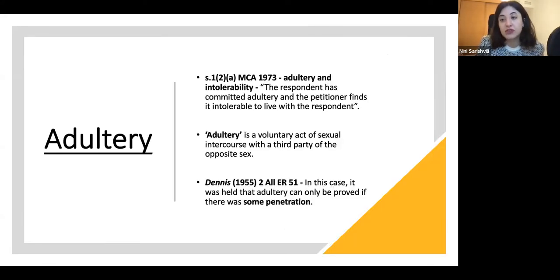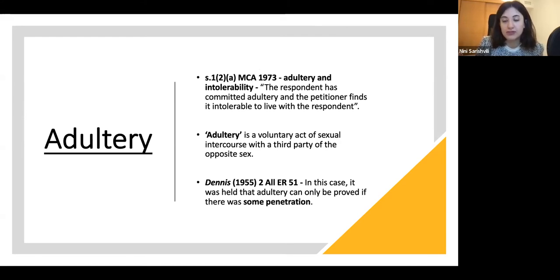Adultery is another ground under the Matrimonial Causes Act. If a partner commits adultery, then the divorce should be granted. Under Section 1(2)(a) of the Matrimonial Causes Act 1973, adultery is a voluntary act of sexual intercourse with a third party of the opposite sex.